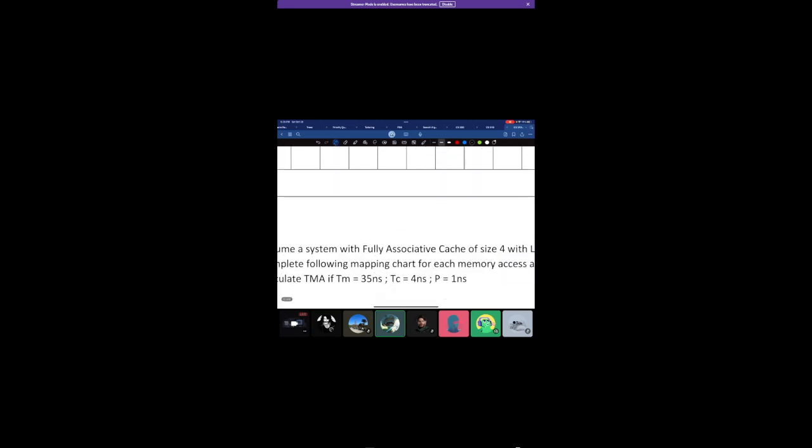So let's go here. We're going to do a fully associative cache of size 4 with OPT. The string is 0, 1, 2, 3, 1, 2, 3, 4, 1, 2, 5, 1, 2, 3.